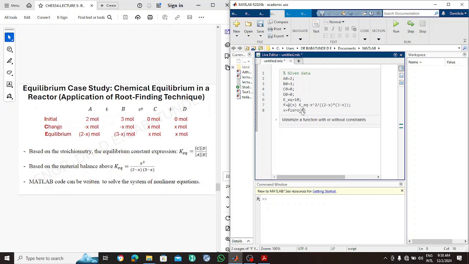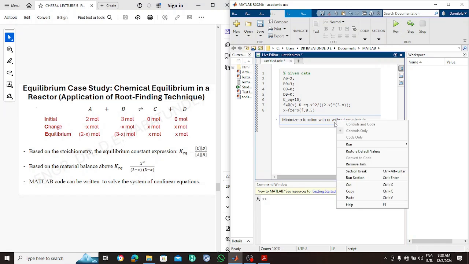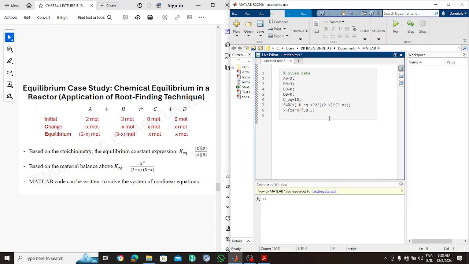So we pass in the function followed by your guess. So our guess here is 0.5. Okay? So now that we have that, we should be able to find what the concentration is at equilibrium.